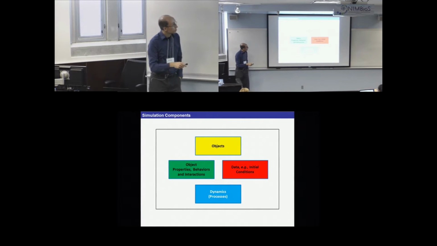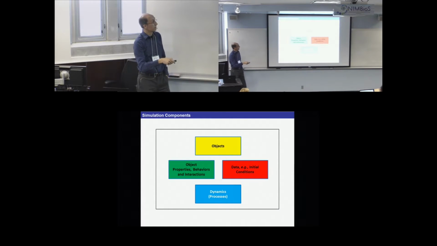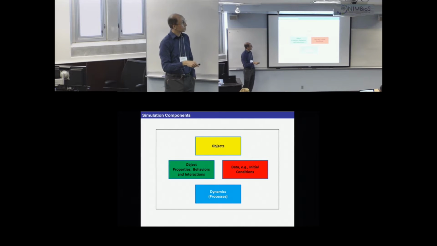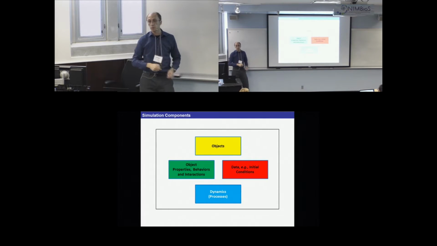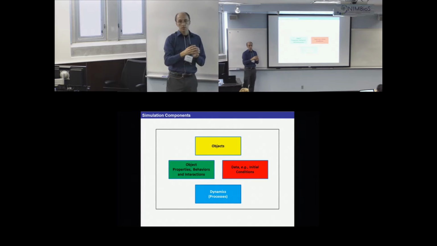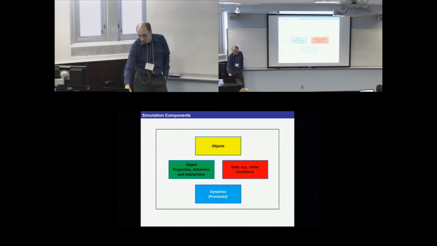And of course, we have initial conditions, the data, which is used to parameterize models, okay? Data does not only parameterize initial conditions, it also parameterizes how cells behave. And then we have, of course, processes. This is how we represent cell dynamics, which type of equations we use to describe chemical dynamics and so on. Okay, so those are the components of the simulation.